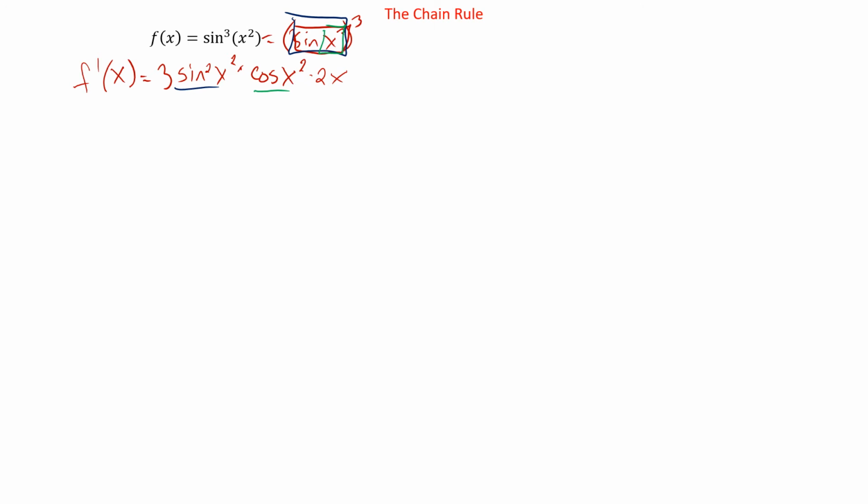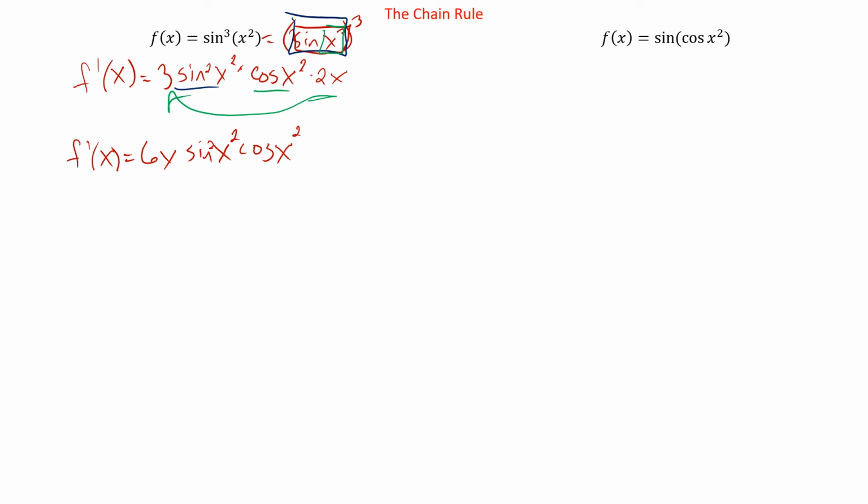We could simplify this just a little bit by multiplying that 2x in the front to get f prime of x equals 6x times sine squared of x squared, cosine of x squared. So notice that sine of x squared, which was the inside of the first one, didn't change. It just got a different exponent. Then the cosine of x squared, when we took the derivative of sine of x squared, the x squared on the inside of that one continued to stay the same.